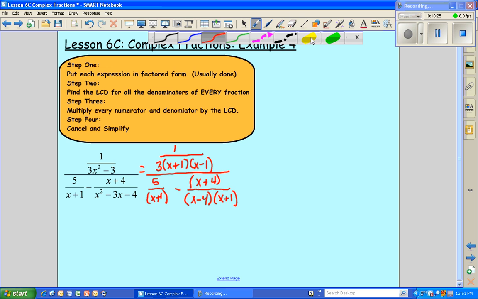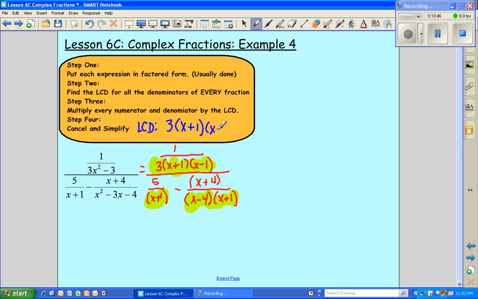All right, so if we go and look at our denominators here to come up with our LCD, this is going to be a pretty lengthy LCD, but it is what it is. Our LCD, we need a 3, we need an x plus 1, we need an x minus 1, and we need an x minus 4.